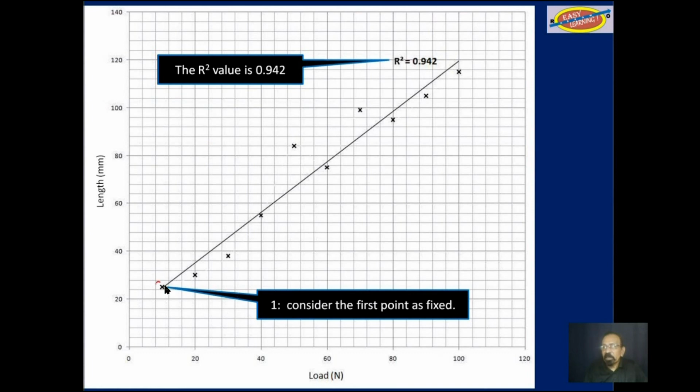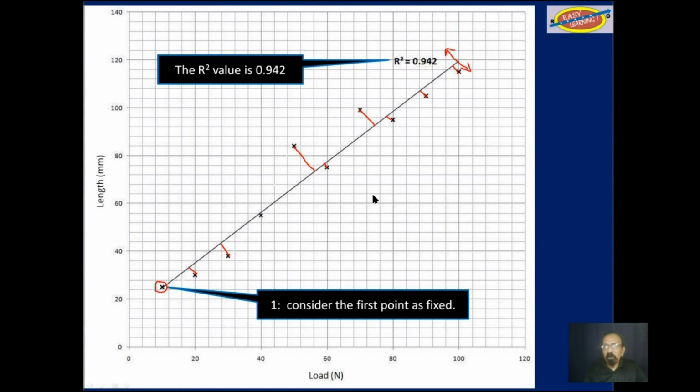Now here is another example where you could do the same thing. Again, consider this point here as fixed. Connect the first to the last point, and if it's not working out, just shift that end of the line, one way or the other, until the estimated total distance of the points below, 1, 2, 3, 4, 5, 6, is equal to the total distance on the other side, which would be that plus that.